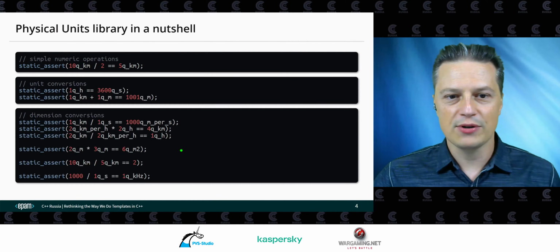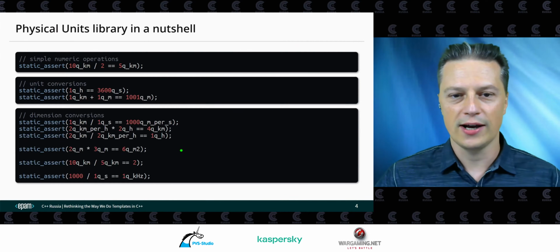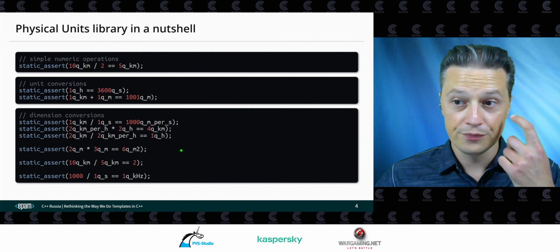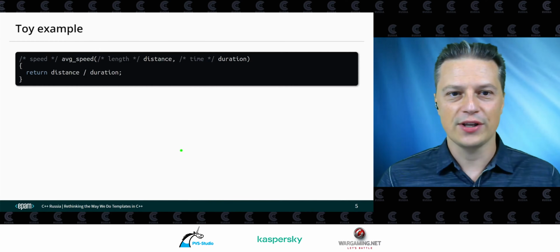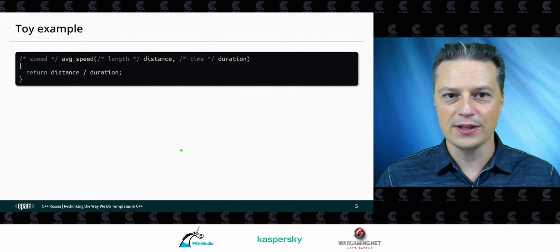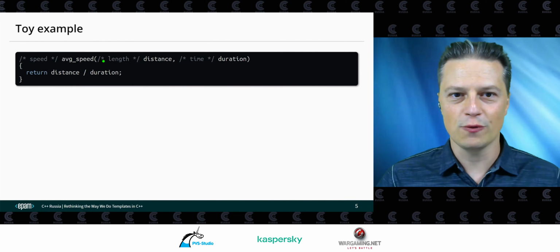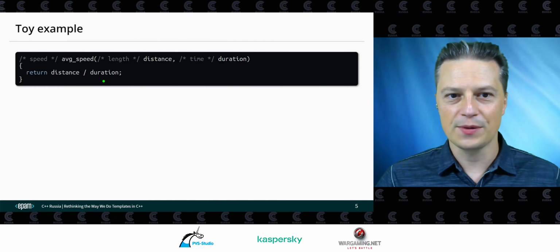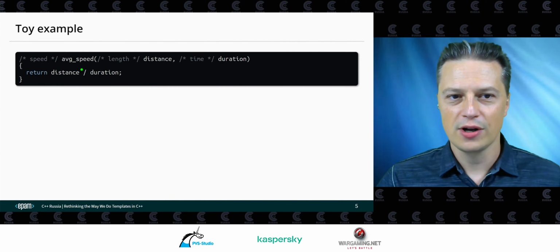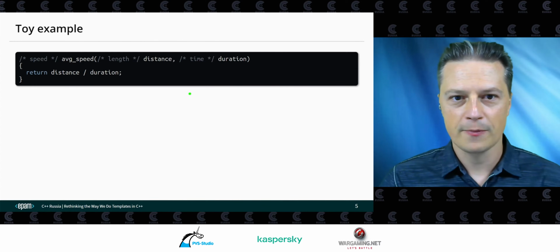And to talk about the user experience, let's scope on a really simple example. We will try to implement a function that basically calculates average speed that is measured over some length, some distance, and for some time duration. And of course, the operation is simple here, and it should return speed.